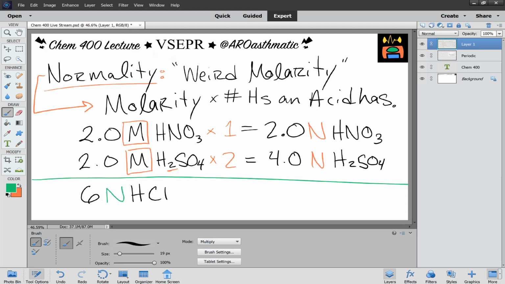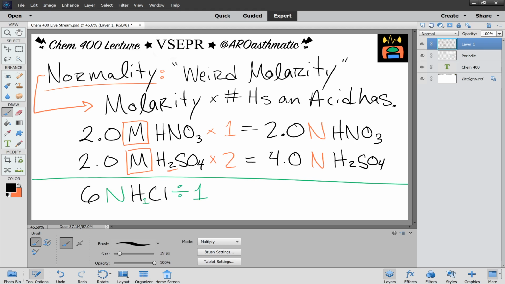To convert from normality to molarity, we have to divide by the number of H's in your molecule, or in your acid. In this case, HCl has 1.